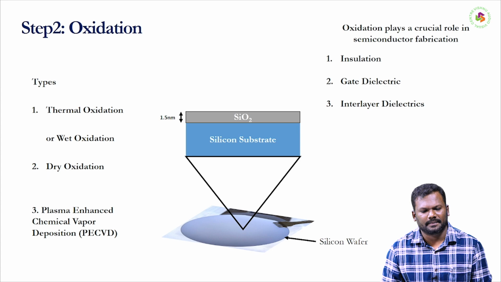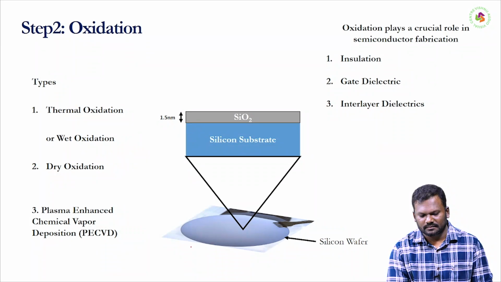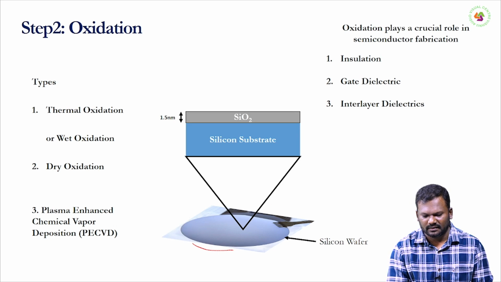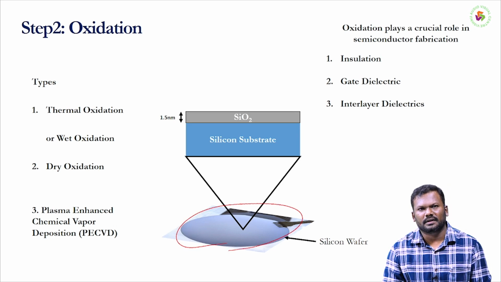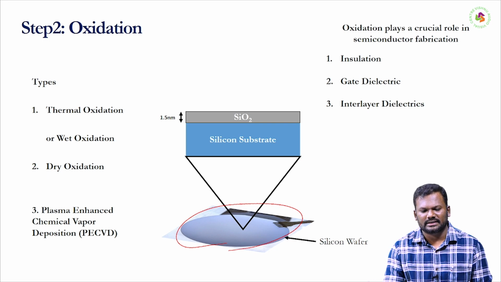Coming to the second step. In this step, after you have sliced the wafer from the ingot, you need to grow silicon dioxide on top of the silicon substrate. Here I am showing the image where you can see this is the silicon wafer.